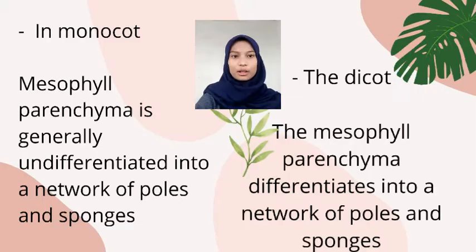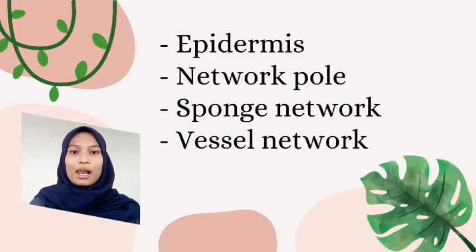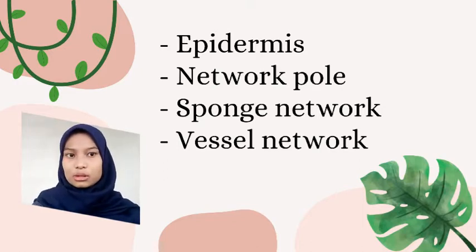Anatomy difference in leaves. Monocot: the mesophyll parenchyma is generally undifferentiated into palisade and spongy tissue. Dicot: the mesophyll parenchyma differentiates into palisade and spongy tissue. Leaves have tissues composed of epidermis, palisade tissue, spongy tissue, and vessel tissue.